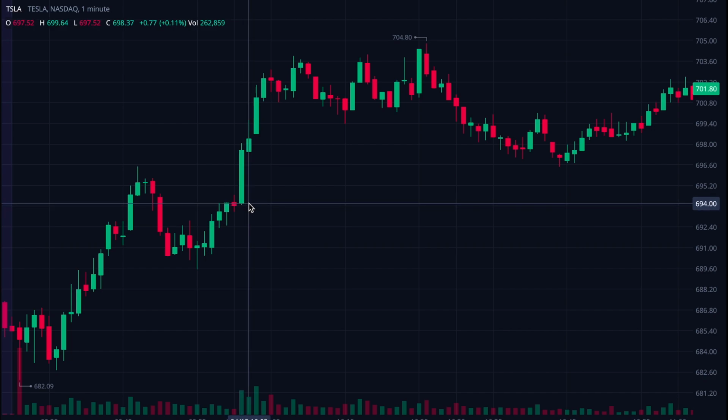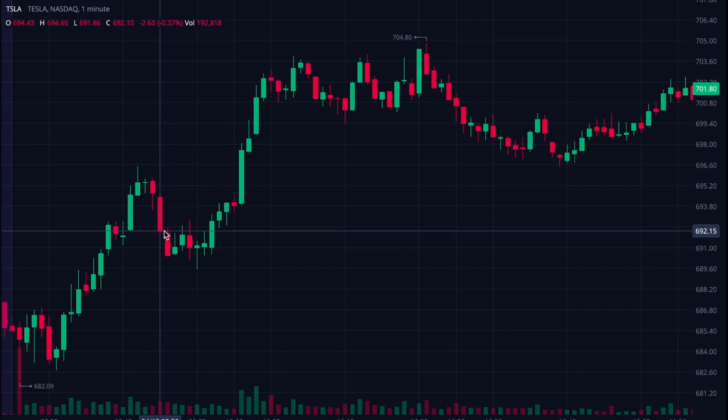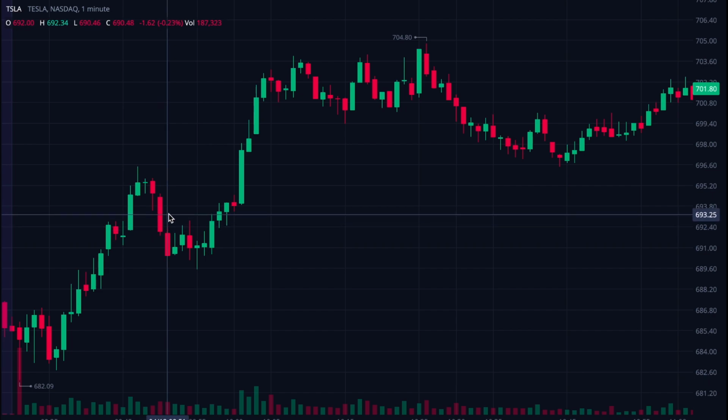The body of the candle signifies, if it's green, the bottom of the body is where the price opened, and the top is where it closed. So obviously, it's a green candle because the price closed higher than it opened during that period of time. And the inverse is true with the red. The price would have opened at the top of the body and closed down at the bottom of the body.